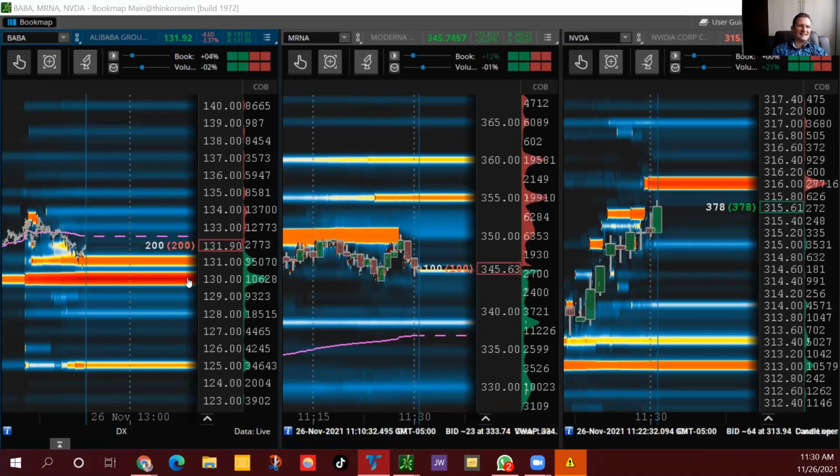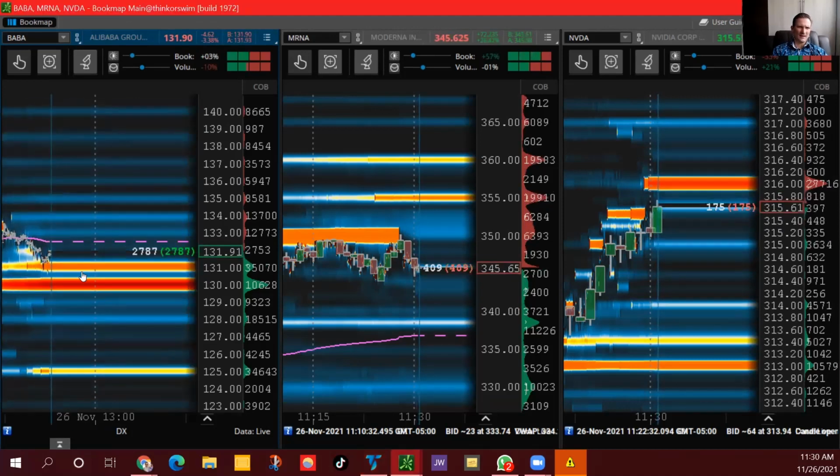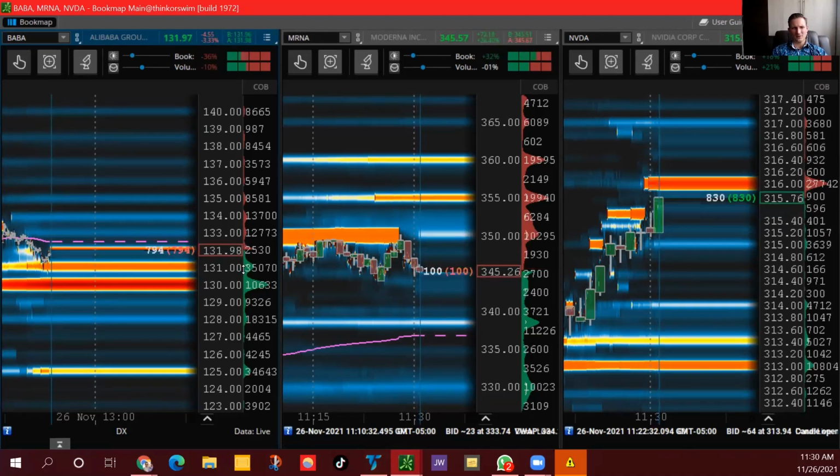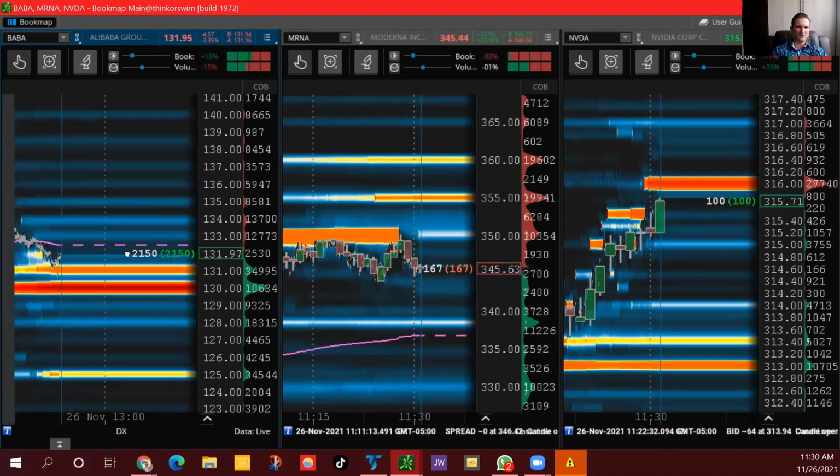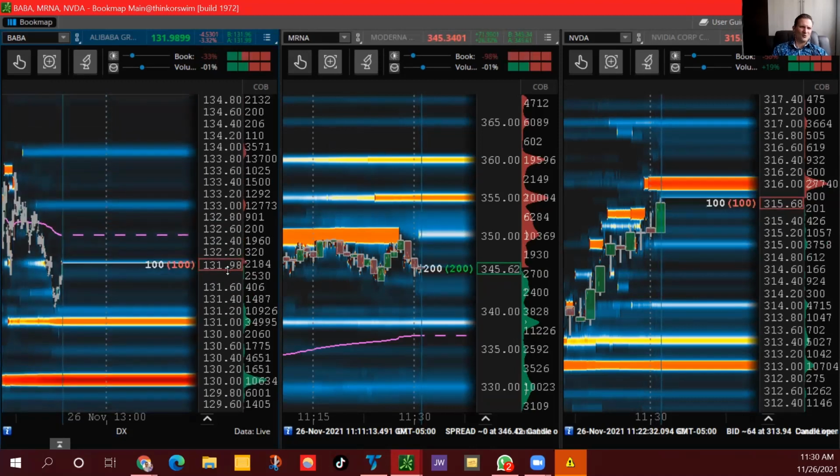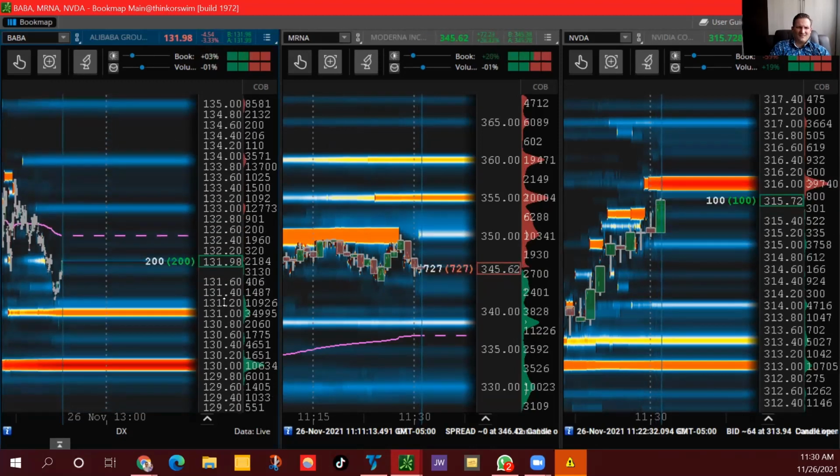I'm always trying to find the easiest money. With the order book, I can make money pretty much on any stock multiple times a day, but ideally you want the easiest money. I don't want to have to work hard for my money. I want to take something like NVIDIA at 350. I mean, that's just shorting at 350. That's just easy money.